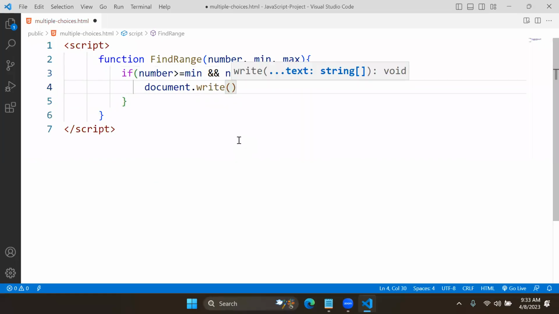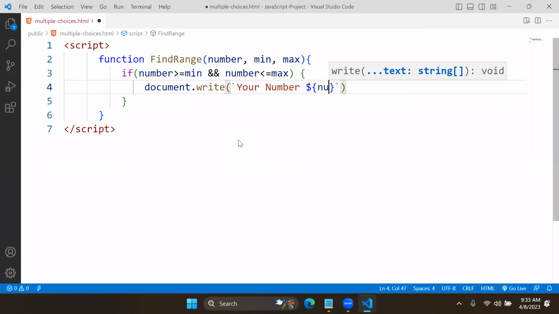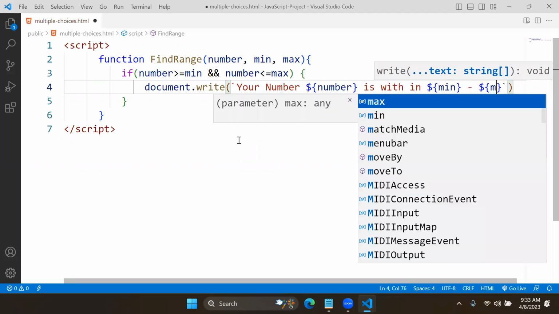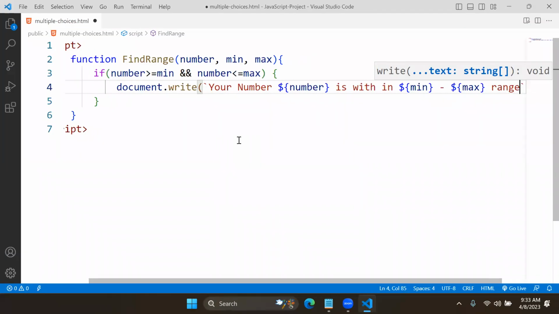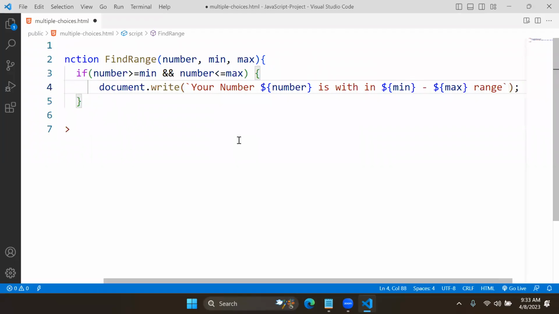Document dot write. So here we will write: your number, whatever number entered, is within min and max range. That's what we type like this. That is just displaying a good output.